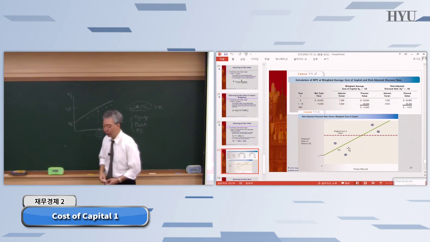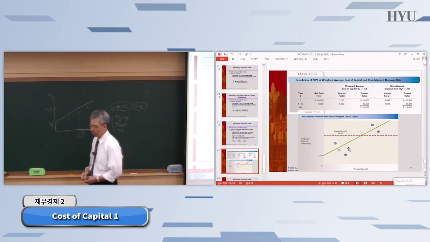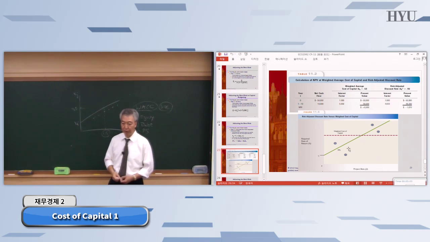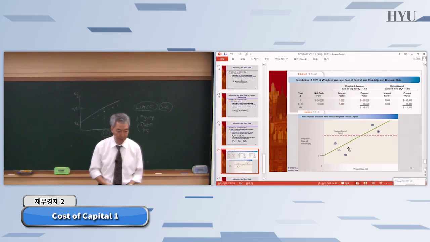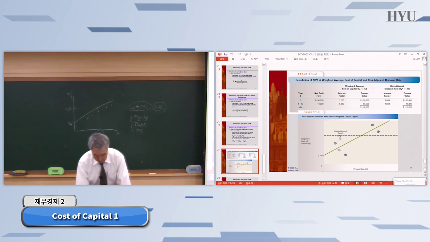Then they can use the 3% to discount the future cash flows of any project and calculate net present value. If the net present value comes out to be positive, you will accept the project. If it's negative, you will reject the project. That's what the red dotted line is talking about.